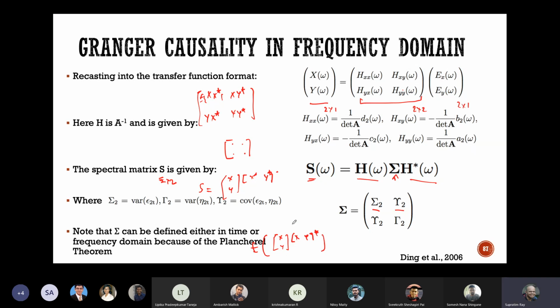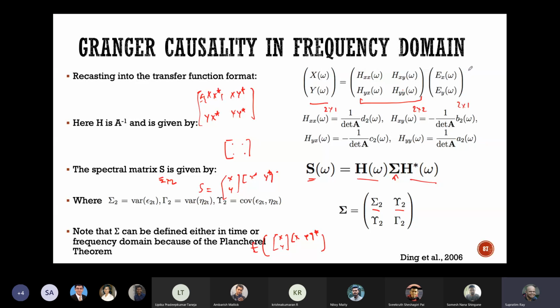But this matrix is given by H multiplied by the error terms, right? So the conjugate of this is just this conjugate multiplied by that conjugate.